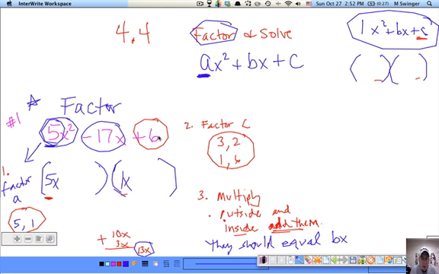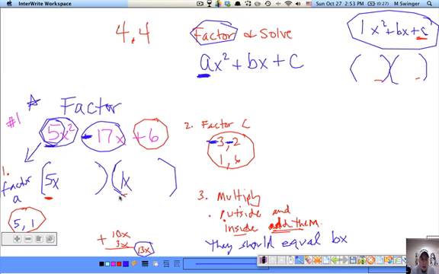Now how are we going to get negative 17? That's the key. We can't have positive numbers here, like 2 and 3. What if we had negative 2 and negative 3? Doesn't that make positive 6 if you multiply? Yes. Does it add up? Well, it doesn't work like that this time, but that's how we're going to get negative here. If we have two negatives right here, that's how we'll get negative here.